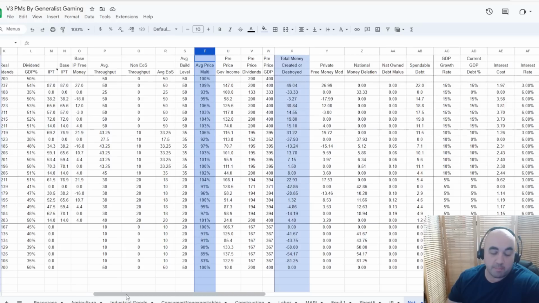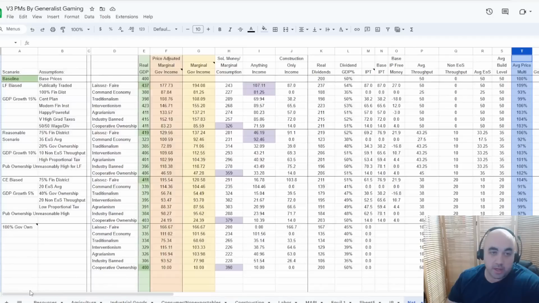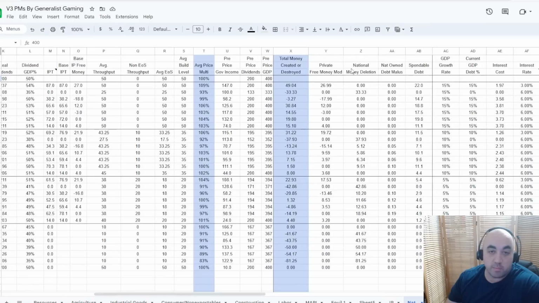We are not looking at a basket of goods, but instead just a disembodied aggregated market that has a GDP of 400. And so one of the problems with price is that the things we use to inform price are looking at the total amount of money created or destroyed. We will circle back to a lot of these factors, but the total amount of money created or destroyed will effectively change when we have a price change, and there will be a feedback effect.